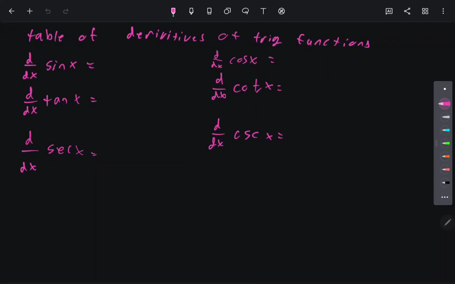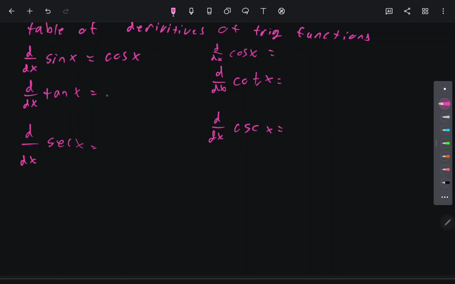Now I just want us to real quickly fill in the following table. The derivative of sine is cosine. The derivative of tangent is secant squared of x.